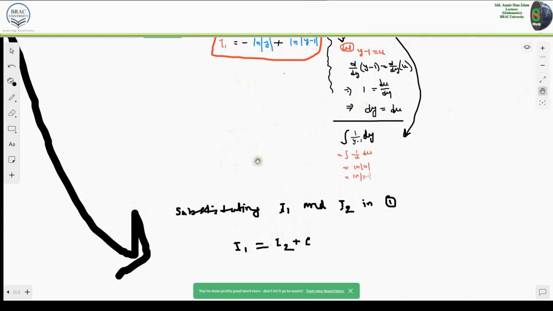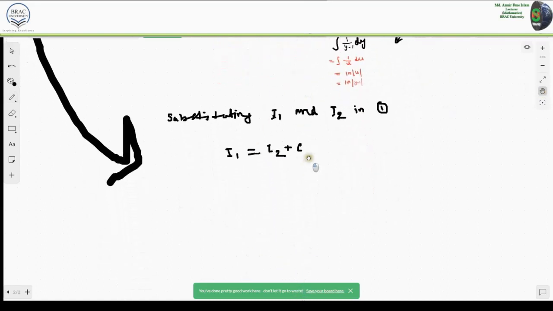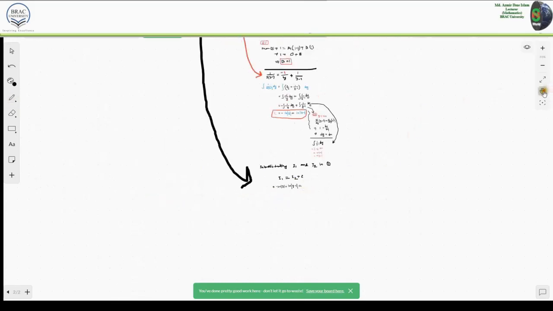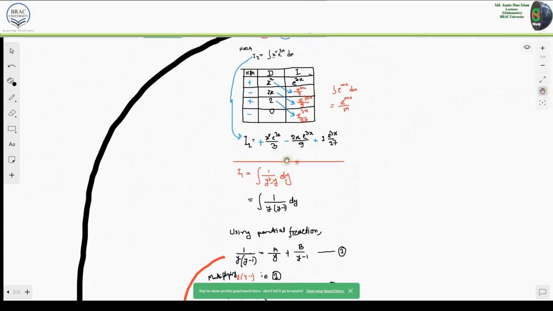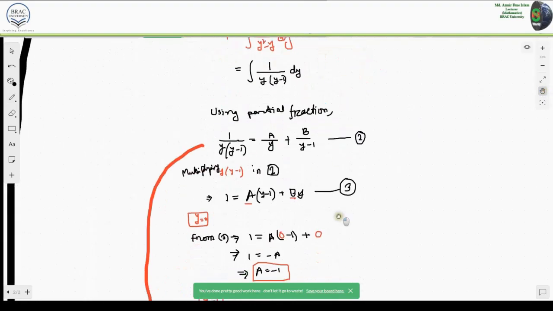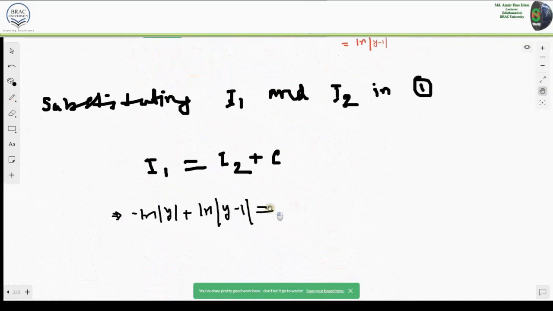So input I1 here, that is negative ln modulus y plus ln modulus y negative 1 equal to, what is I2? Let's see, x square to the power 3x by 3 negative 2x to the power 3x by 9 plus something. Okay, so we have to write that one here.